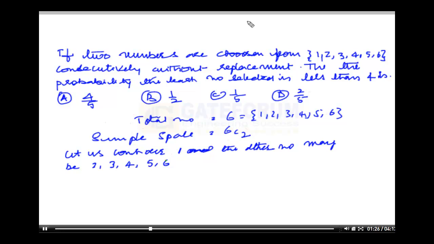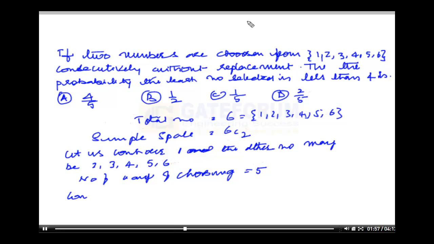When you choose 1 with any one of the other numbers 2, 3, 4, 5, 6, that is in 5 ways, definitely one among the two numbers is less than 4, that is, number 1 is less than 4. Therefore, the number of ways of choosing one number less than 4 is 5.